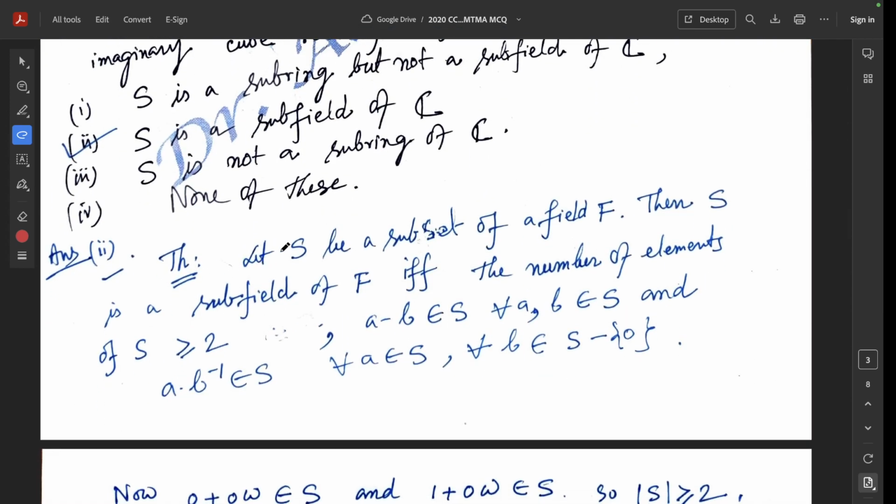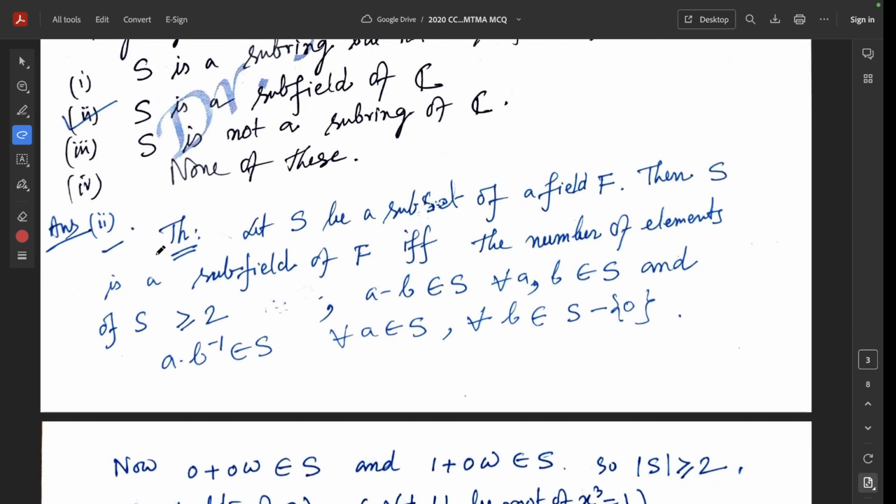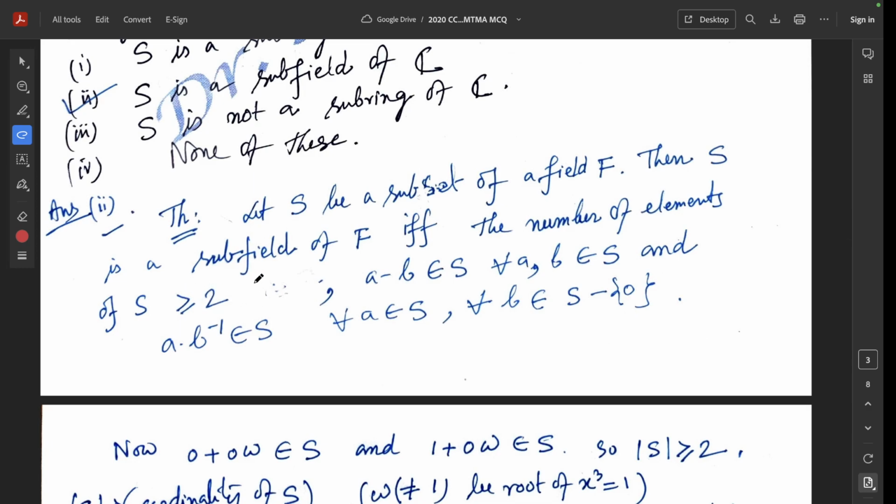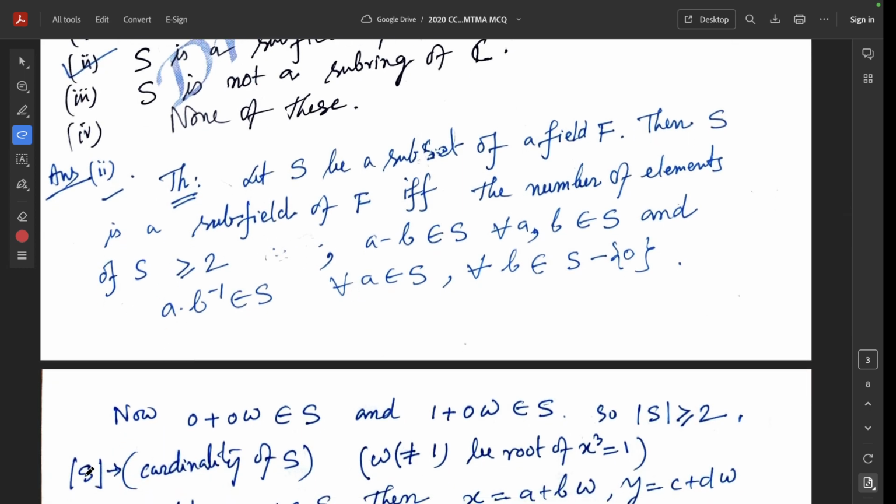Now we have a theorem. Let S be a subset of a field F. Then S is a subfield of F if and only if the number of elements of S is greater than or equal to 2, that is, we write the cardinality of S is greater than or equal to 2, at least 2 elements in the set S, and A minus B belongs to S for all A, B belonging to S, and A times B inverse belongs to S for all A belonging to S and for all non-zero B belonging to S also.